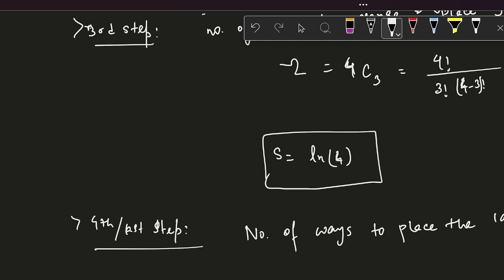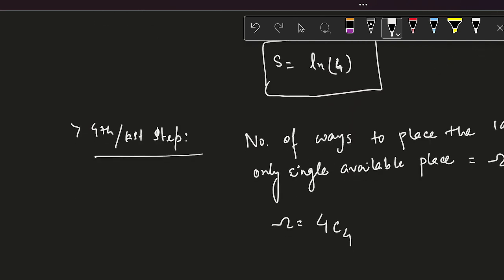So the number of ways to place the last particle in the last and only single available place is omega equal to 1, or you can say this is like 4C4, as if you have four possible places and four particles you have now in your hand to place them into.